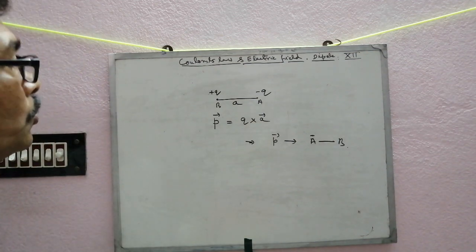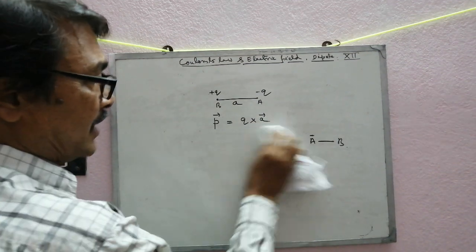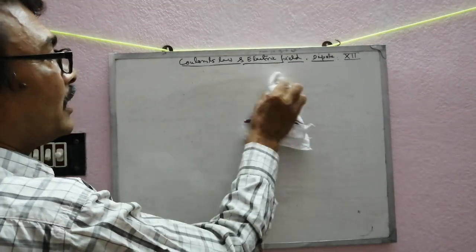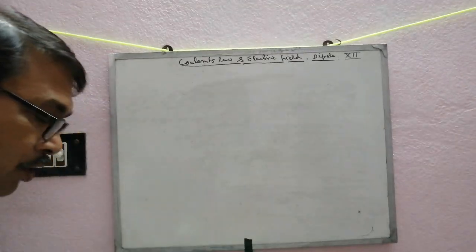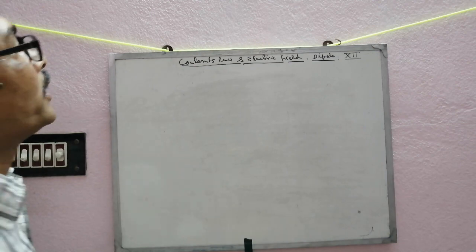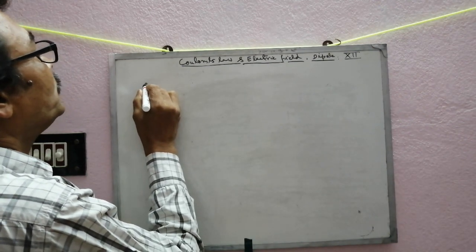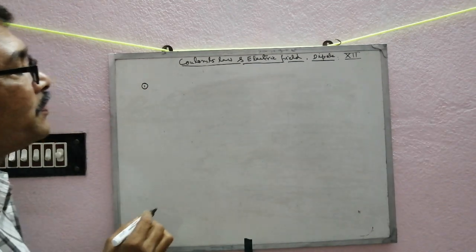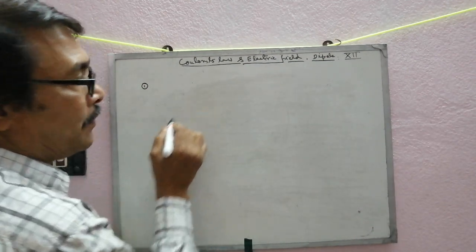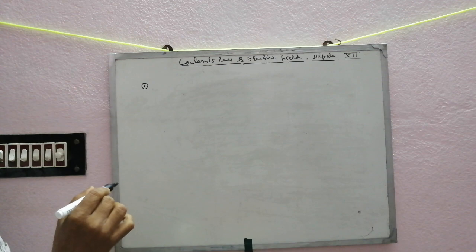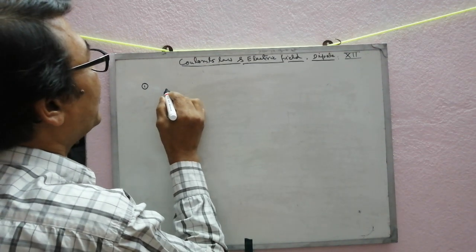Now, in the next item I shall discuss the moment of the dipole and torque, etc. Now we find out the electric field at a point on the axis of the electric dipole.